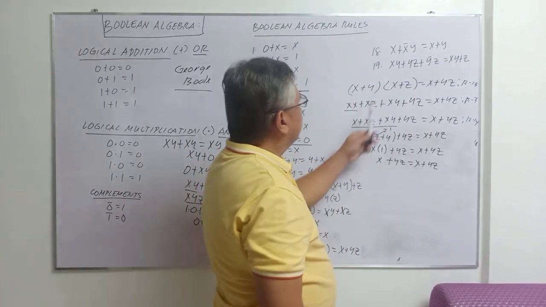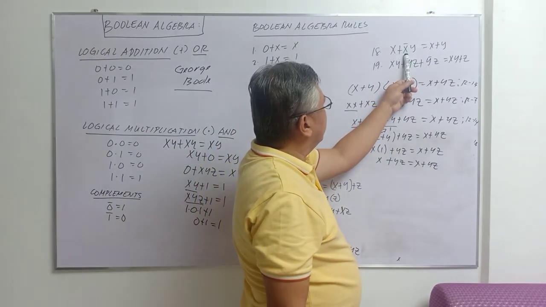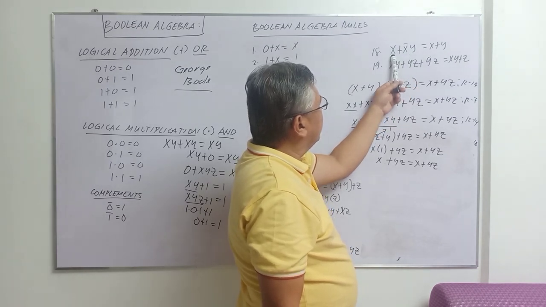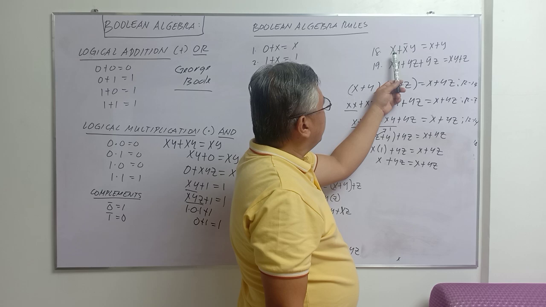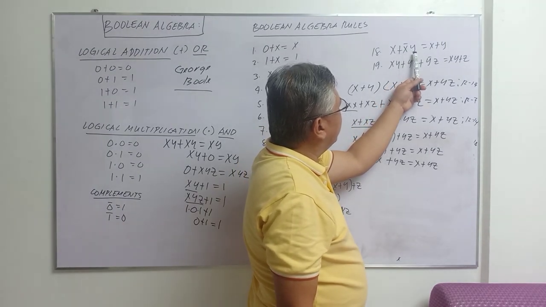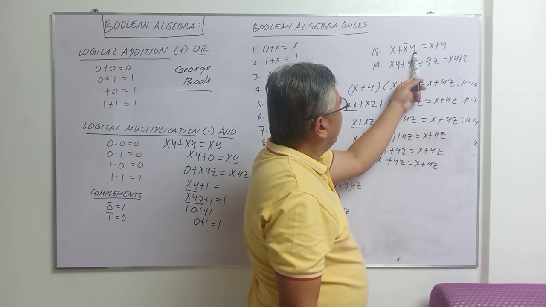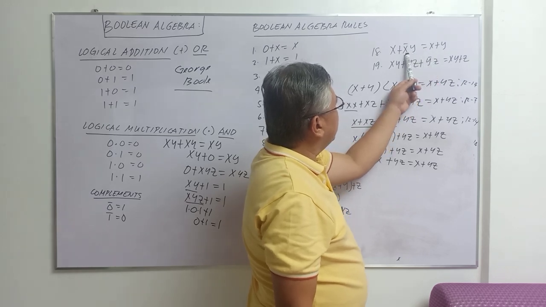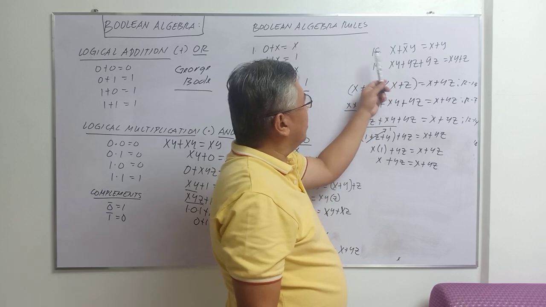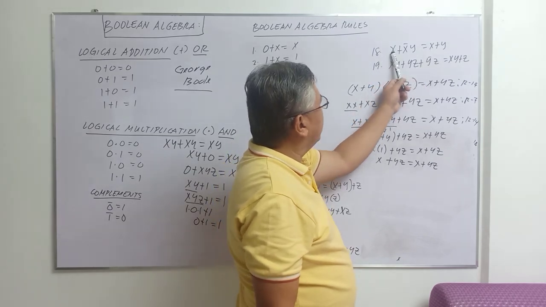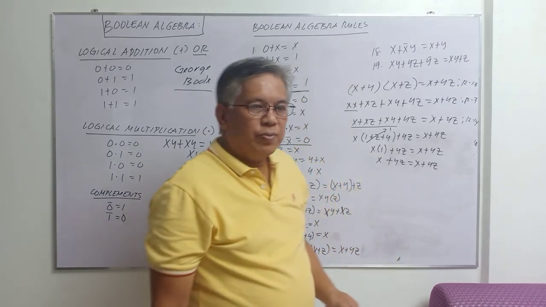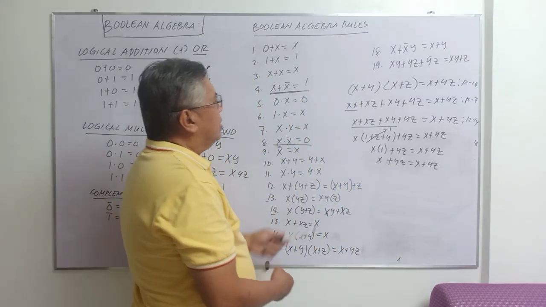If you notice, the complement of x, which is a single variable, in this case x bar, which is being multiplied to another variable, is eliminated. The x complement here is eliminated. So what remains here is your x and your y. The complement is removed. Okay? So that is rule 18.